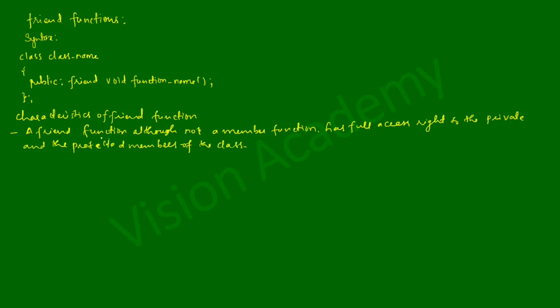Here, a friend function is a non-member function, but it has got full access right to private and protected members of the class. That is the meaning of the first characteristic.